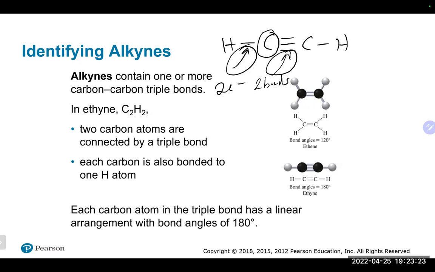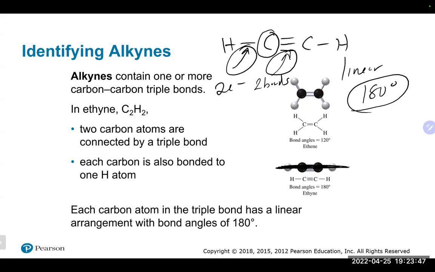So what happens when we get the triple bond is we actually get linear geometry, 180 degrees. So your line structure straightens out a lot of times when you have a triple bond in it. It just goes straight because of the geometry that occurs there. Basically just a straight line straight across.